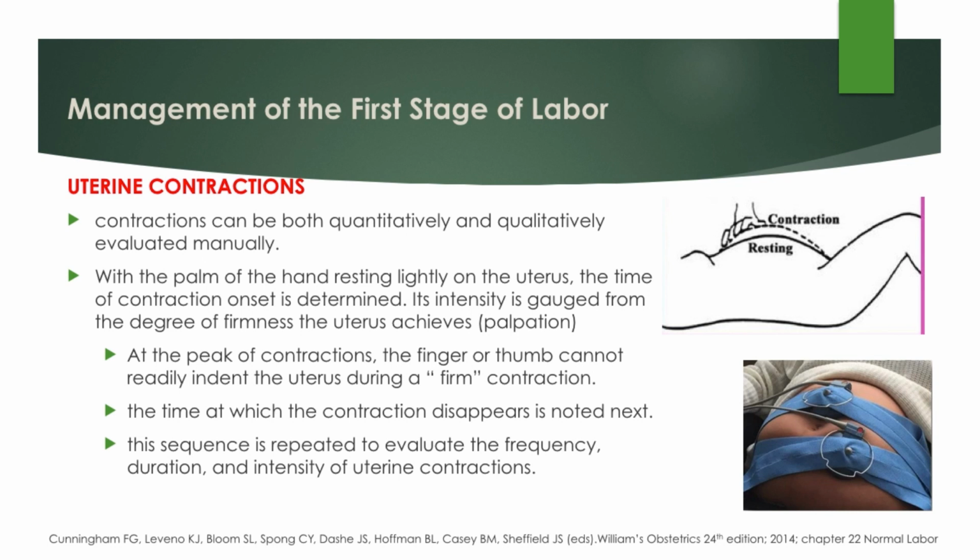Okay, the frequency of contractions will be from the onset of the first contraction to the onset of the next contraction. So that's what you call frequency. Duration, of course, is the number of minutes or seconds from the onset of contraction to when the contraction disappears.